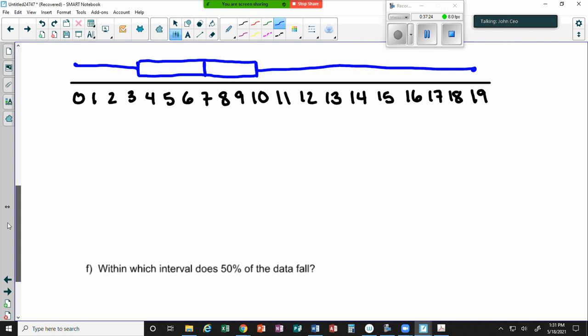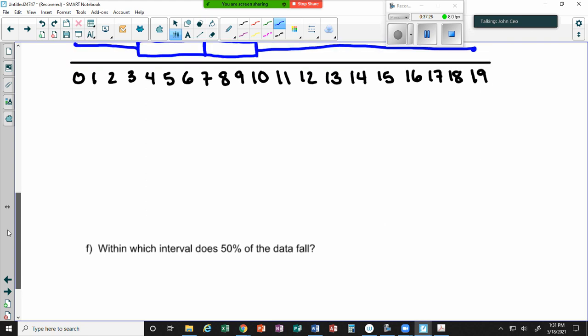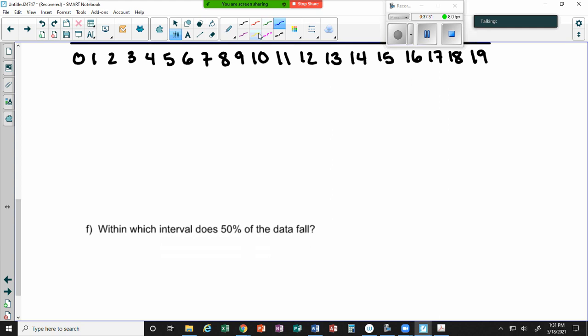Alright, now, question down below. Within which interval does 50% of the data fall? 50%, remember, is between what? We said it in the notes.